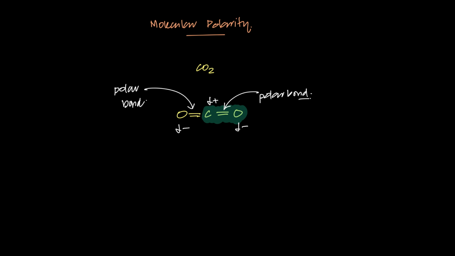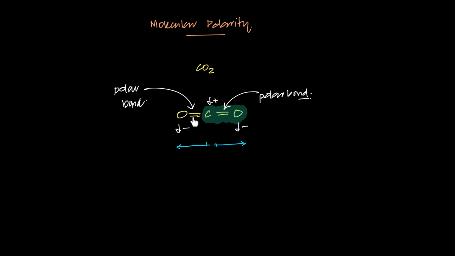What's happening is that the right O is pulling the electrons towards itself, and the left O is also pulling the electrons towards itself, away from C. So these 4 shared electrons, because it's a double bond, are more towards the right O, and these 4 electrons are more towards the left O.